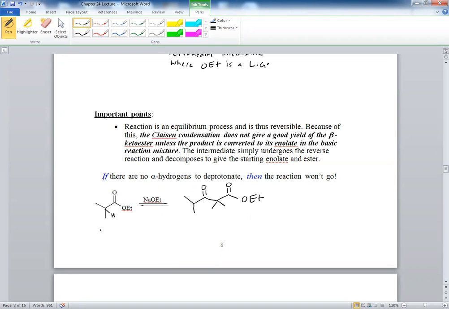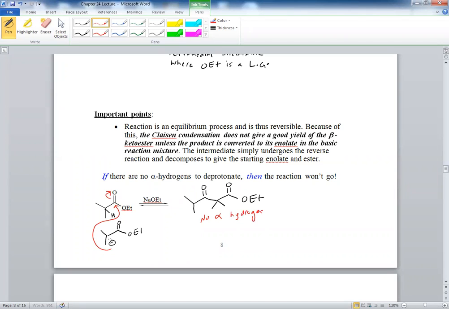Okay, so I'm going to show you what I mean. Supposedly we have this, and you can see that now you don't have any alpha hydrogens here, no alpha hydrogens.